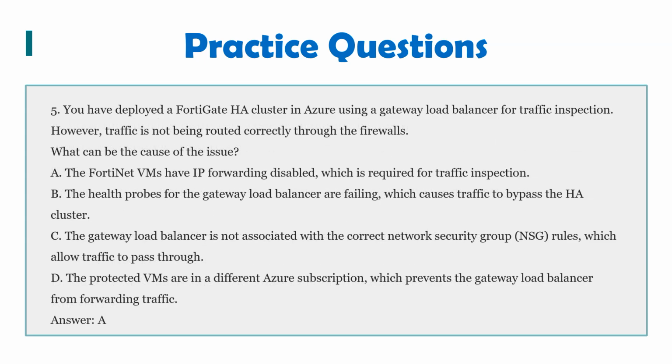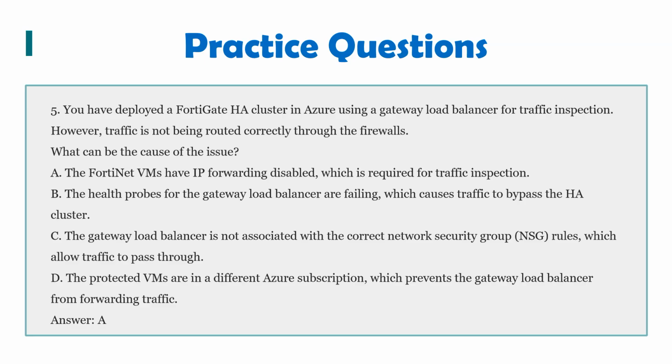5. You have deployed a FortiGate HA cluster in Azure using a gateway load balancer for traffic inspection. However, traffic is not being routed correctly through the firewalls. What can be the cause of the issue? A. The Fortinet VMs have IP forwarding disabled, which is required for traffic inspection.